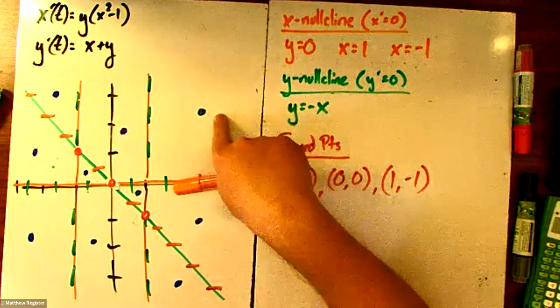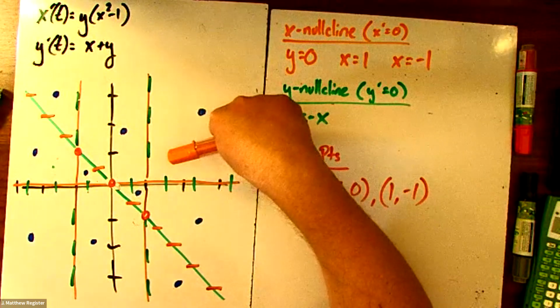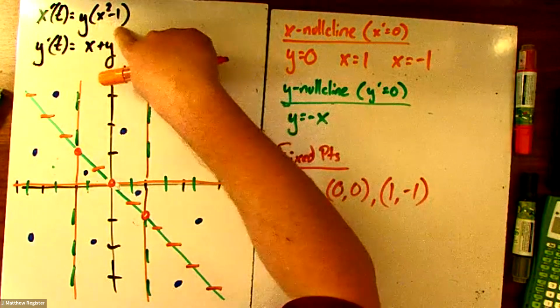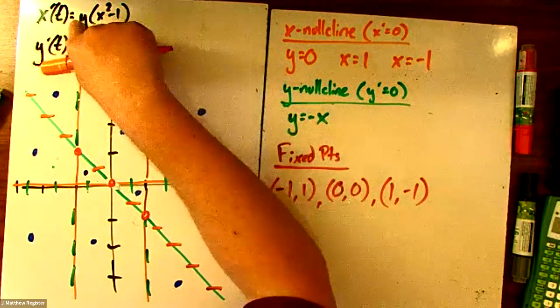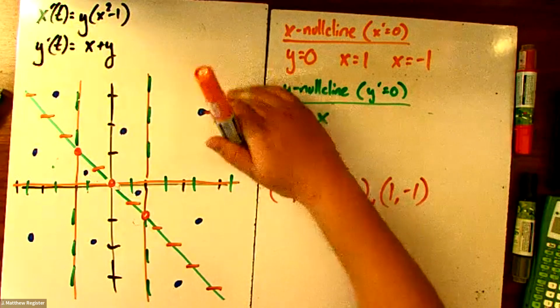In this region up here, where the x and y are both positive and large numbers, we could say 10 squared minus 1 is positive, and this would also be positive. So this is going to be going in a positive direction.